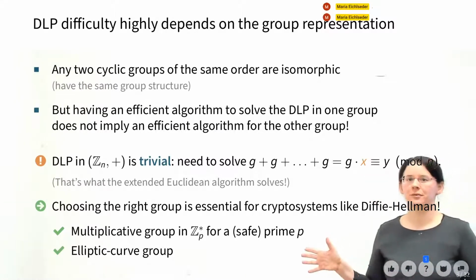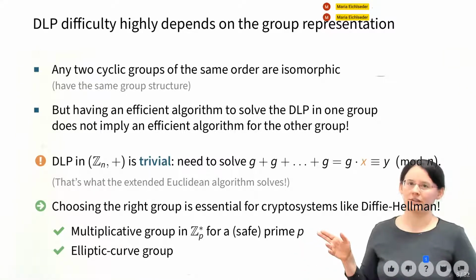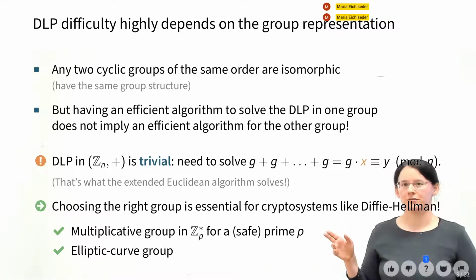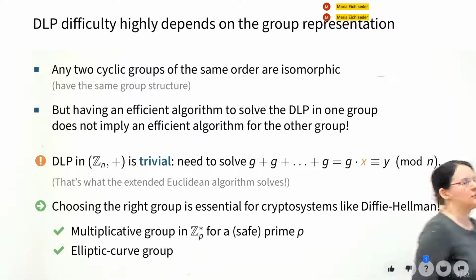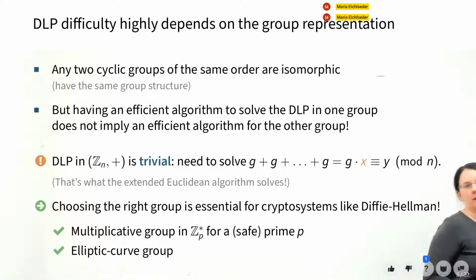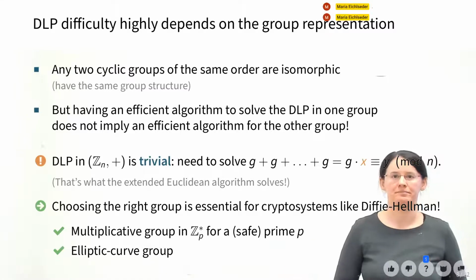And the two primary groups that we use are, so one we already saw, namely the multiplicative group modulo prime number p. Typically this is done where the p has an extra property, namely it's a safe prime.